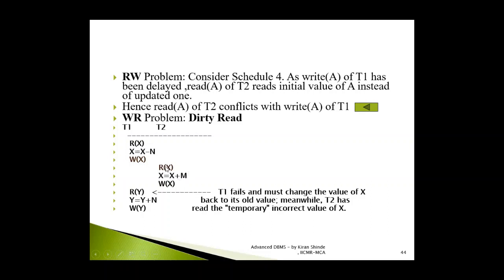That particular read done by transaction T2 is called a dirty read. So this is the third conflicting pair in your schedule, which is called the WR or dirty read problem.